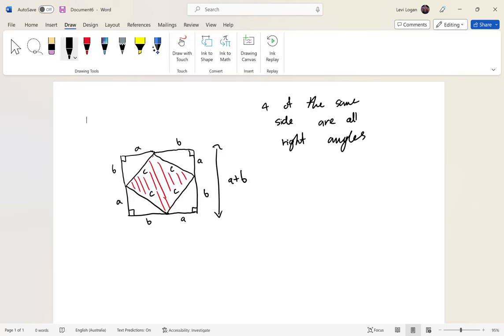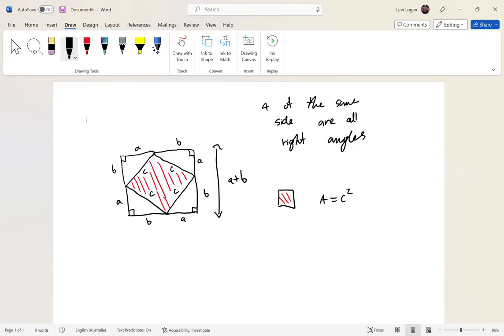So recall, the area of a square is the length squared, otherwise known as length times length, because they're all the same. So the area of the inside square here would be equal to C squared, because the sides of this little square are all C's.